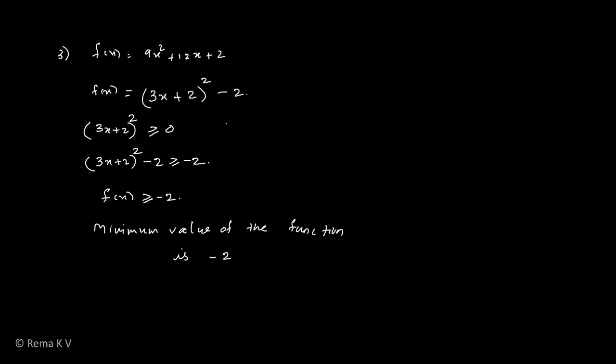Okay, almost all of you are coming with the answer minus 2 by 3, right? This is equal to minus 2, then minus 2 gets cancelled. 3x plus 2 must be equal to 0. That is, x is equal to minus 2 by 3. So the point of minimum value is minus 2 by 3.